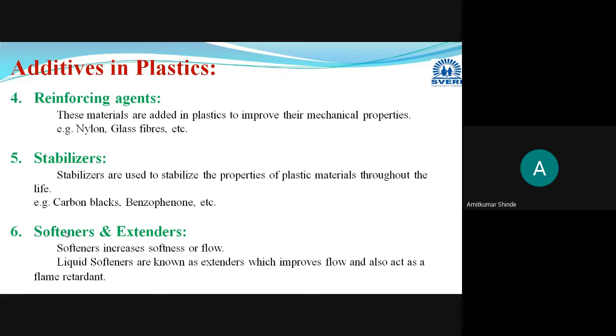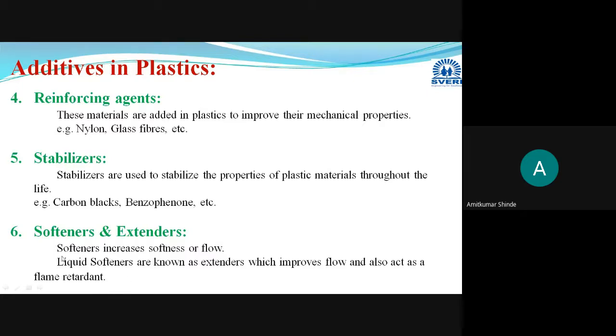When we use this softener in liquid state, that liquid state softener will be termed an extender, and this extender will improve the flow, as well as act as a flame retardant.